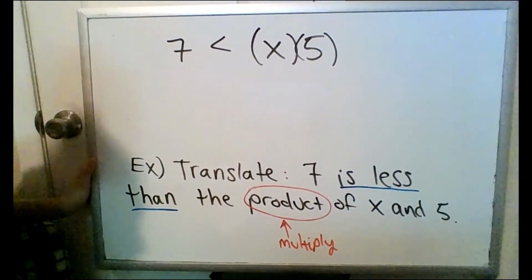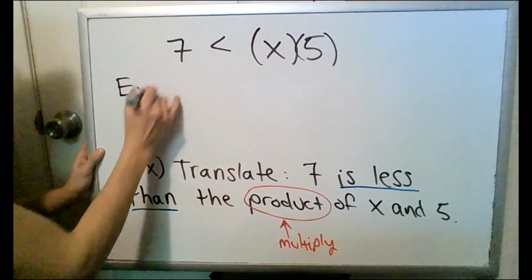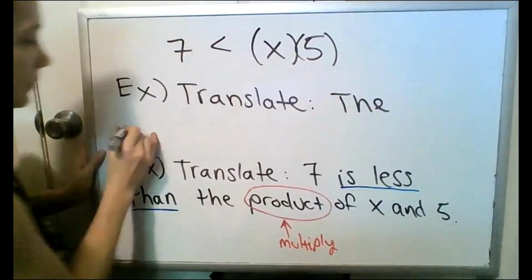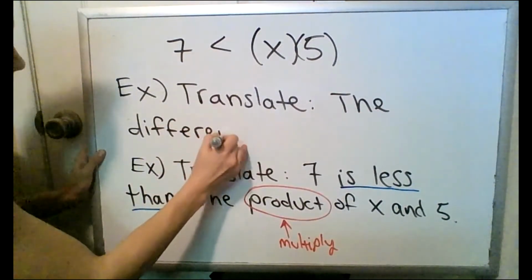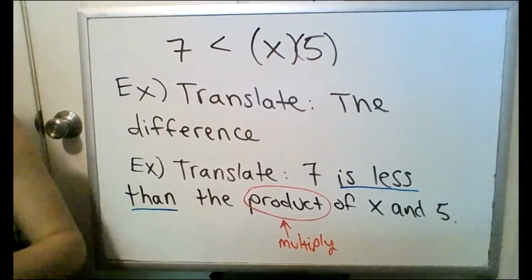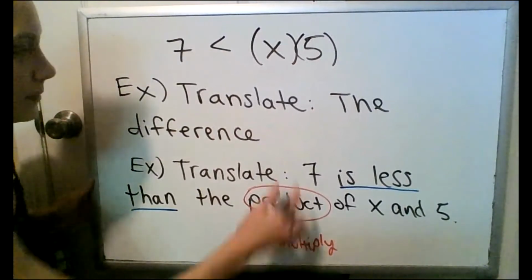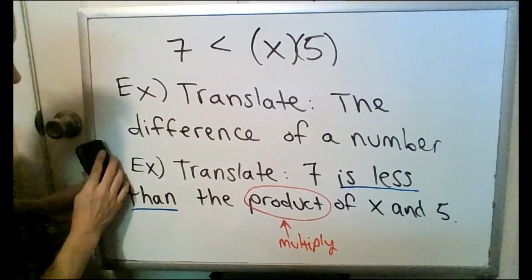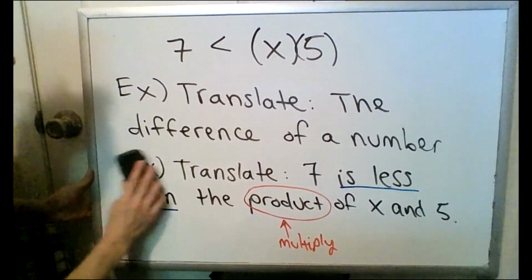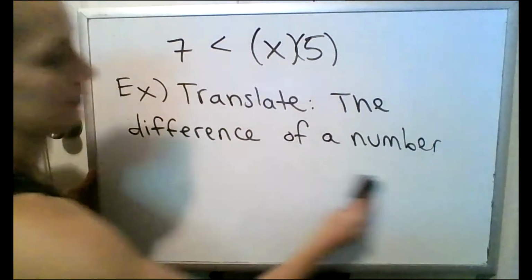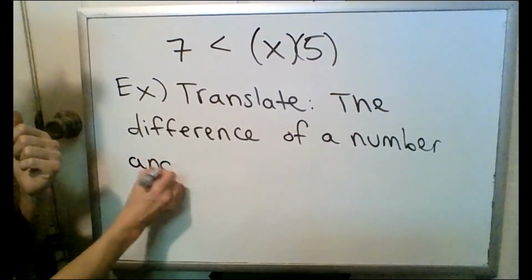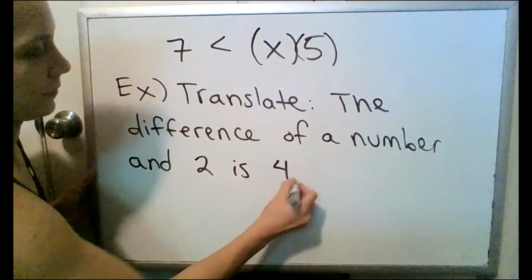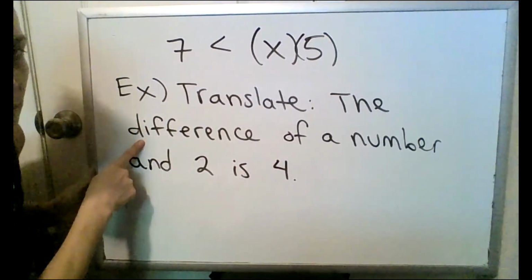Translate the difference of a number and 2 is 4. Okay, so for difference, we're going to subtract.